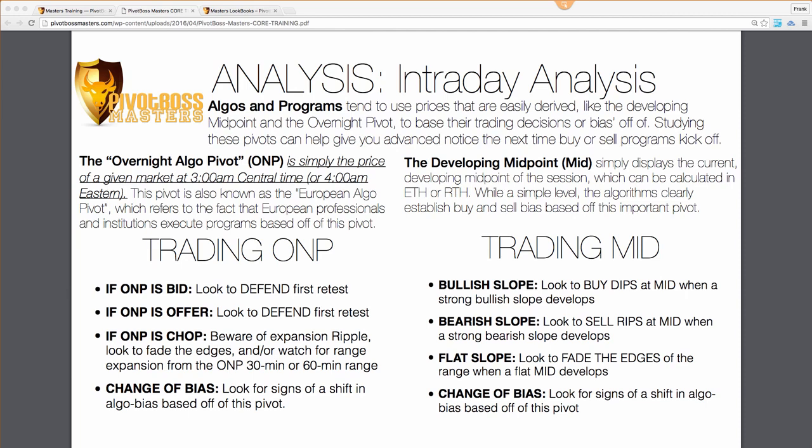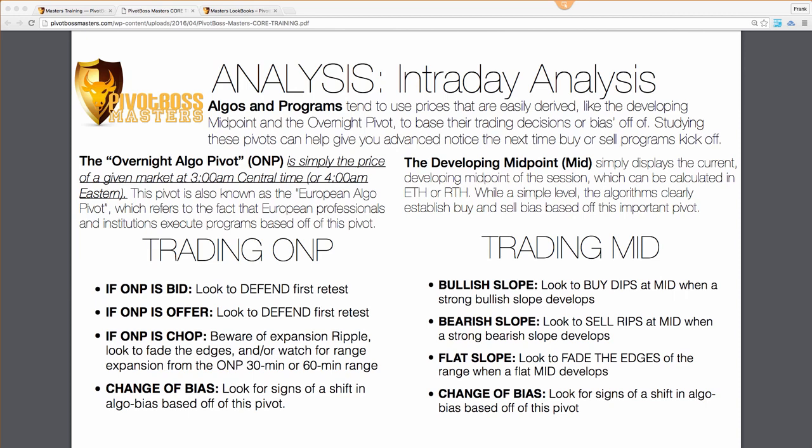And as is customary in the Pivot Boss manner, you take a key data point that you're introduced to, and then you run it through a whole lot of simulations and data, and you look to see if that pivot has edge. And then from there, you look to engage that pivot in much the same way we engage any of the other key levels.